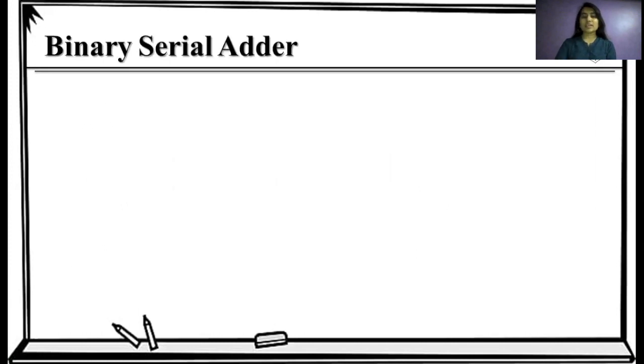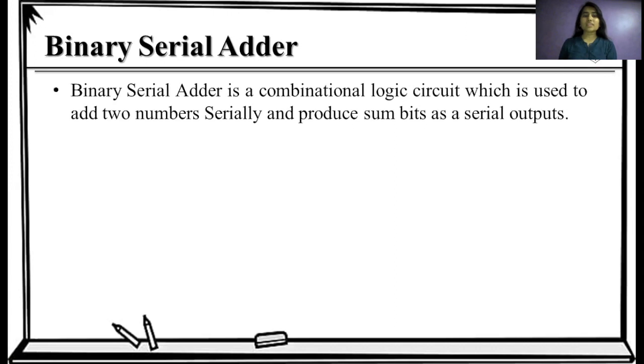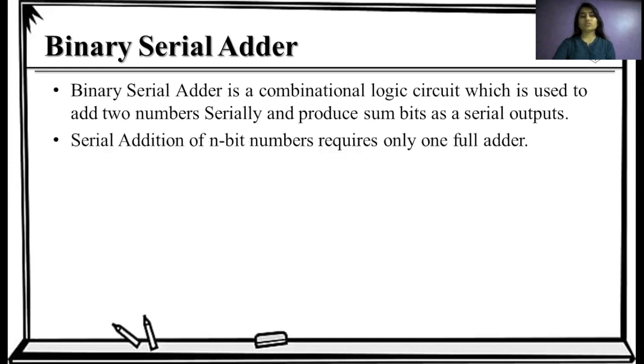Binary serial adder. Binary serial adder is a combinational logic circuit which is used to add two numbers serially and produce sum bits as serial outputs. Serial addition of n-bit numbers requires only one full adder.